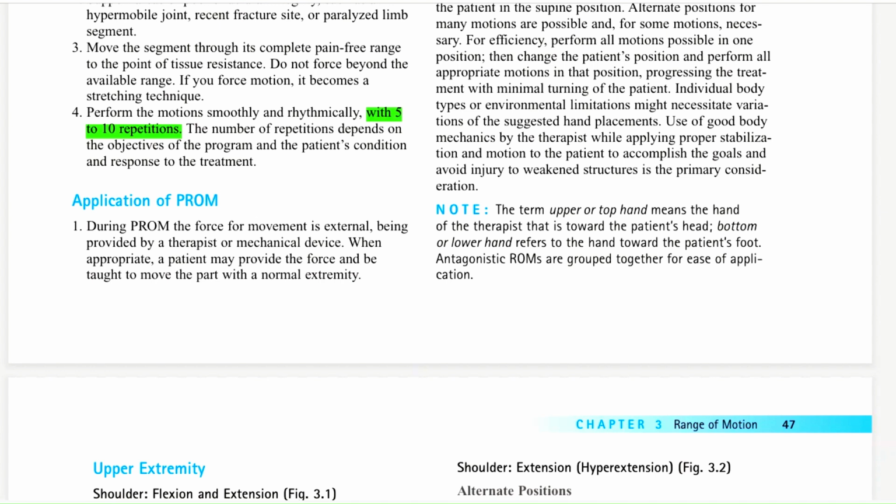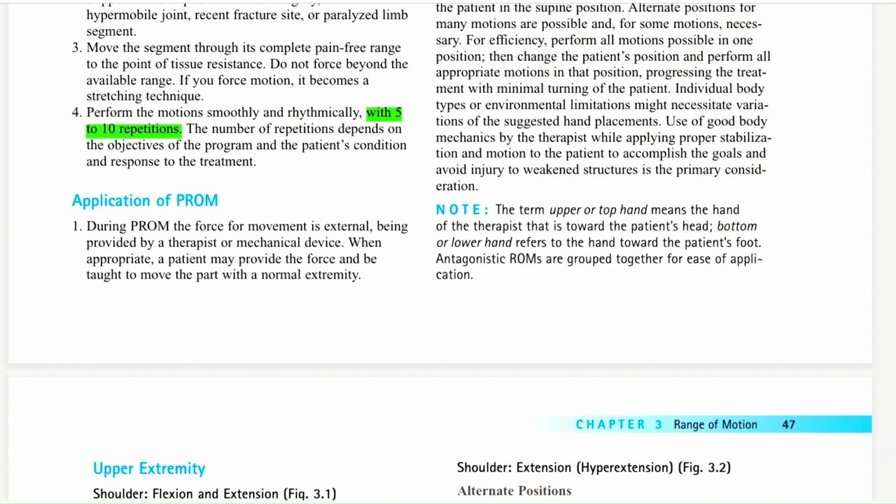Muscle work requires very minimal gravitational resistance, so you may only need to support the limb, not assist it. So this is the second thing, performing the movement in the gravity eliminated position.